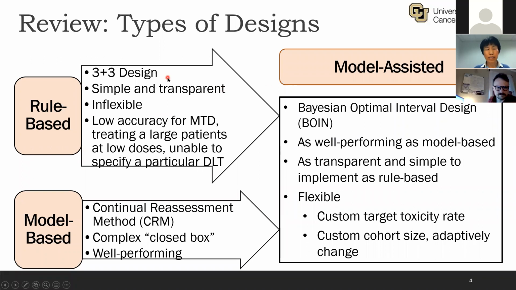The 3+3 design is a classic rule-based design. We also call the rule-based design an algorithm-based design. The rule-based design is simple and transparent, and that's the good advantage. However, it is inflexible and has low accuracy for MTD, and it can treat a large number of patients at low doses or suboptimal doses. And we are unable to specify a particular target DLT rate if we use the rule-based design.